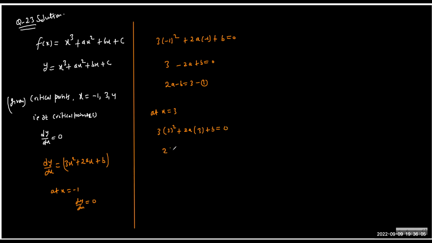So 27 plus 6a plus b equals 0, and we can clearly see that 6a plus b is -27. Actually, we do not need other values because we just have two variables, so two equations are enough. The third condition will give a similar equation, or an equation which we can recreate using the first two equations. So we do not need any further equation. Okay.